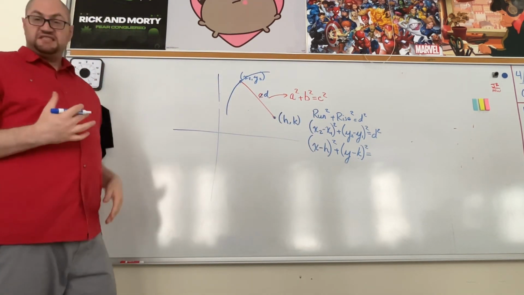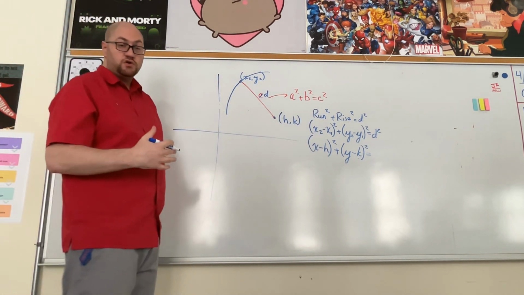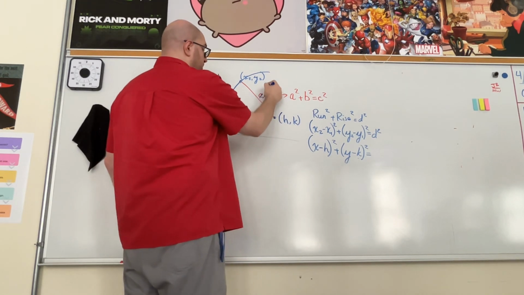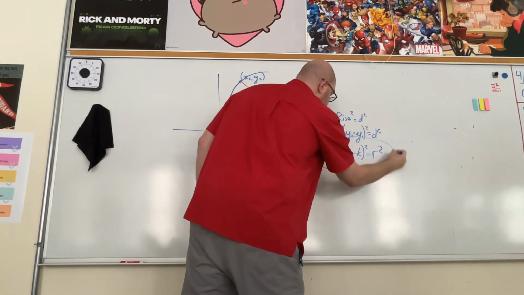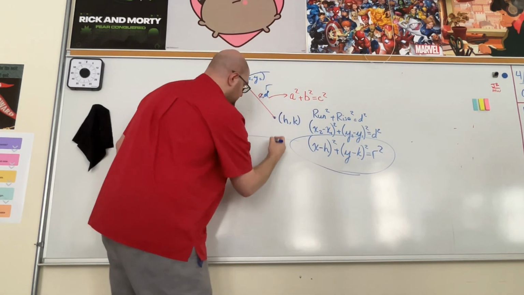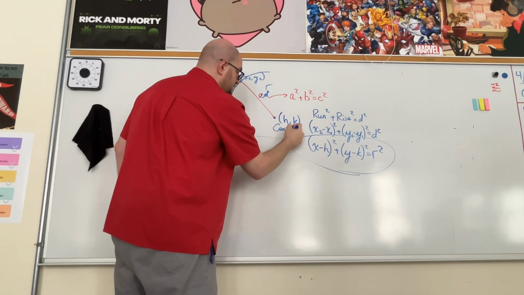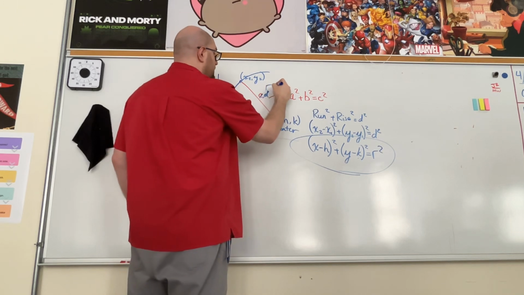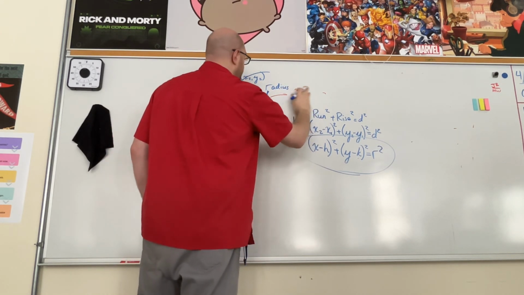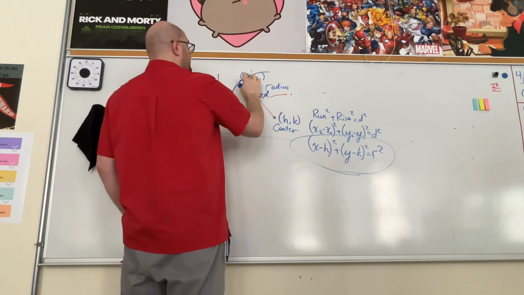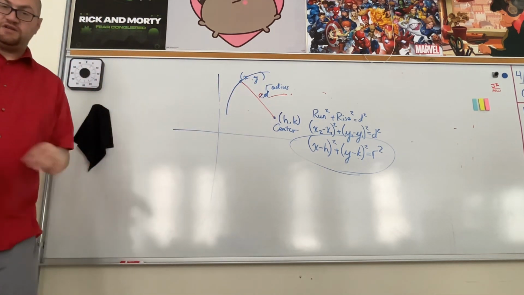And now what do we call this distance? You take a look at that, that's called the radius of a circle. And right there you have the equation of a circle with the center h, k and a radius of r. That's all we need to do for next week.